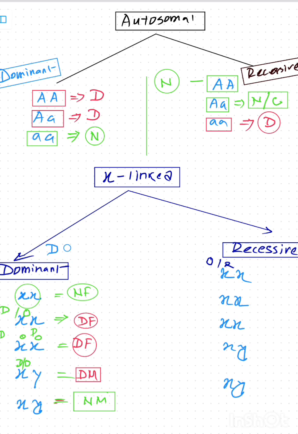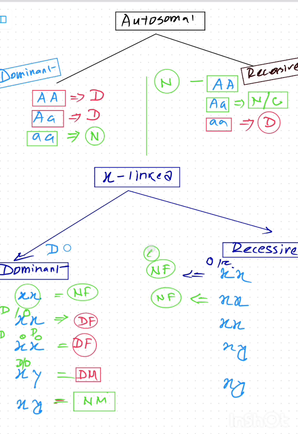I have given capital R, smaller. If you see this one, it will be a normal female. Normal female, or you can use carrier female also. If you see nothing on X, this is also a normal female, but it is not a carrier.